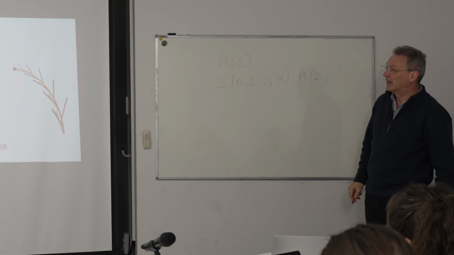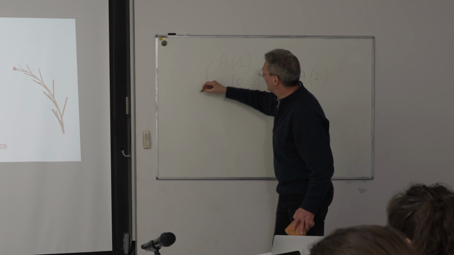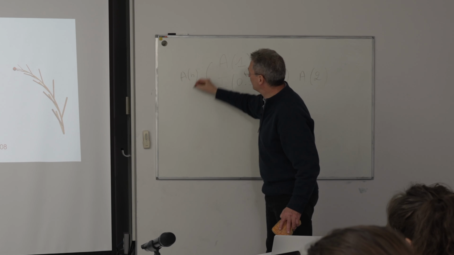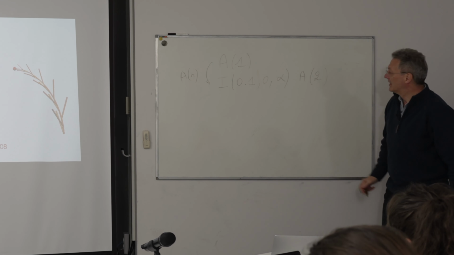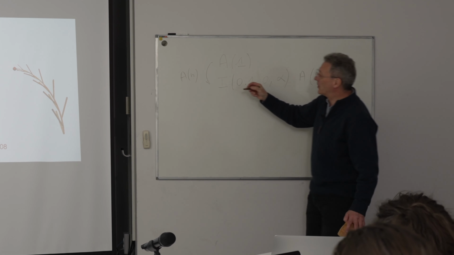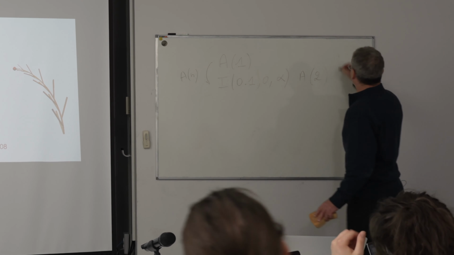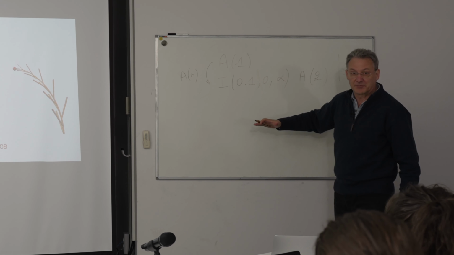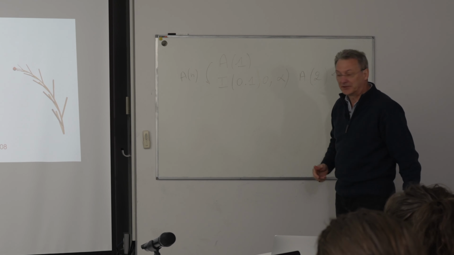Okay? Here I applied the rule A of n. So this is step 1. This is my new L string. I need to go to the next L string to see how the system will continue.